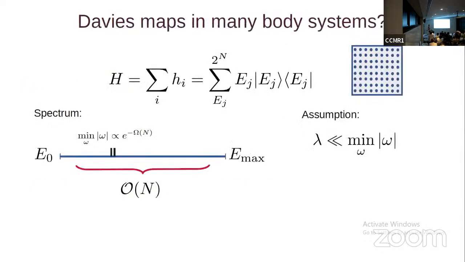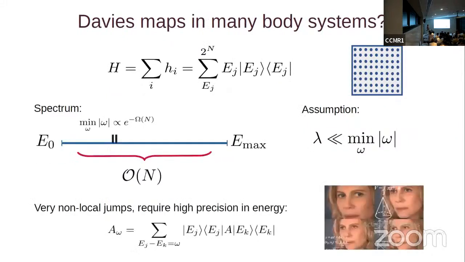However, there are some things we don't like too much about the Davies generator, which is the fact that the terms in this Lindbladian are very much non-local. If you look at the Metropolis algorithm, it's mostly based on local flips classically, right?